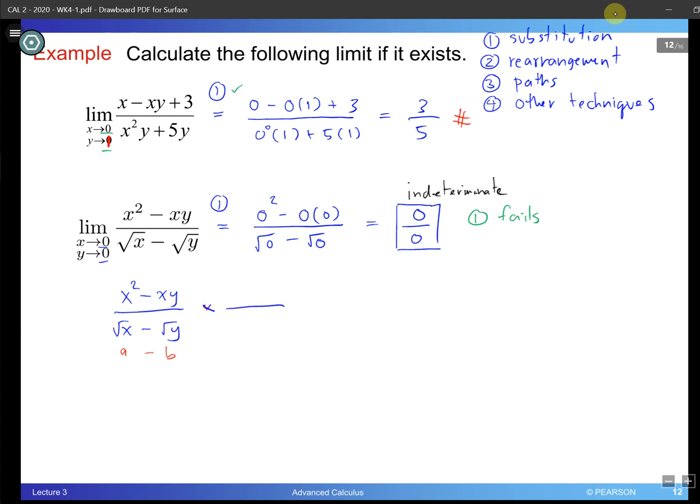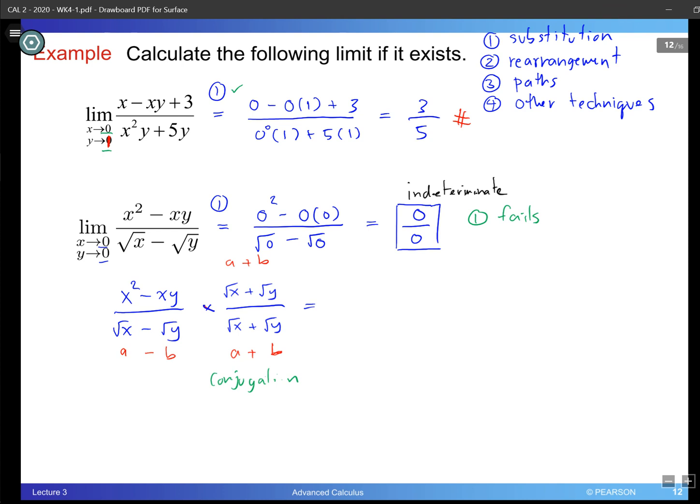And we are supposed to have the same thing for the numerator, a plus b. Okay, so let's put that in. A is square root of x, plus square root of y, that is b. And up here, same thing, square root of x plus square root of y. So there you go, we use this conjugation to try to rearrange things in this function. So let's see what we are going to get here.